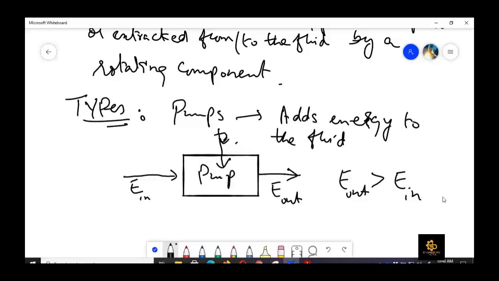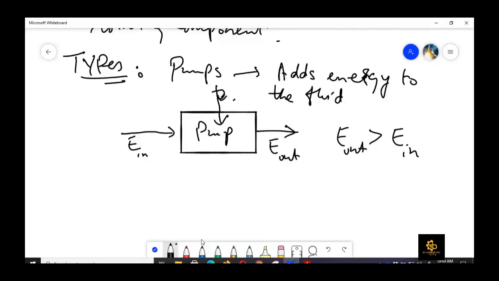Now, pump is just a generic word to say that in this kind of turbo machine we are adding energy, but we also use pump as a practical application. So, like I told you that there are certain things: fans, blowers, pumps, and compressors. What is the difference between these three?